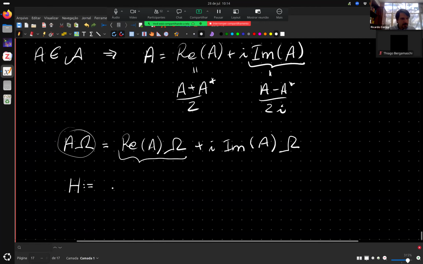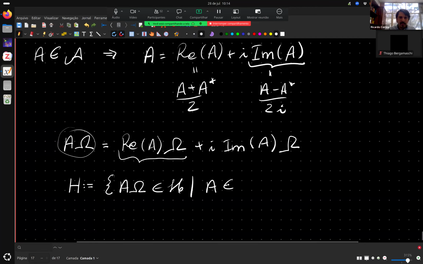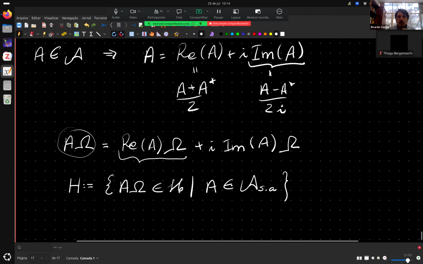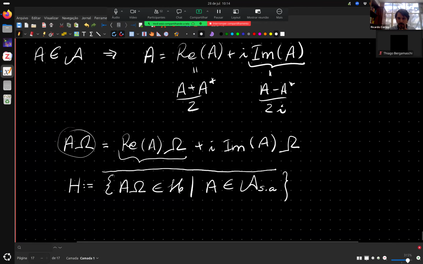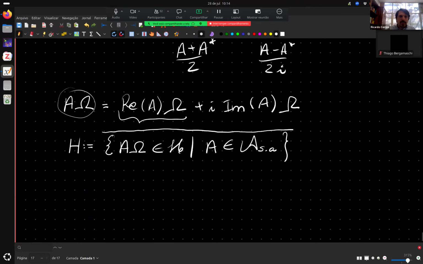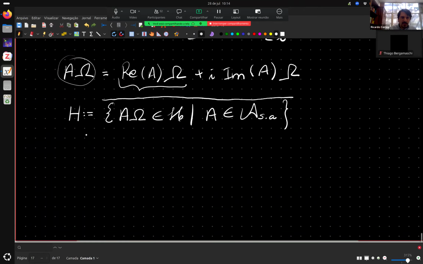I can define it as being the set of all vectors of the form A omega in my Hilbert space, where A is in my algebra, but it is self-adjoint. Okay, so not all vectors, but now only self-adjoint ones, and I can take the closure. Okay, so what I learned about this H, it has the following properties.